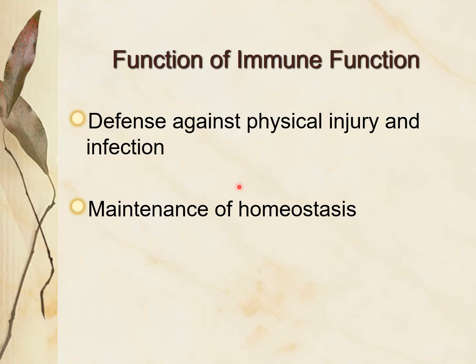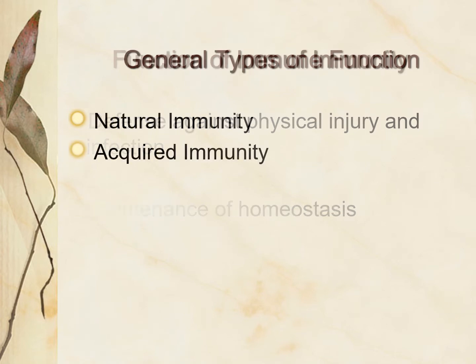So the basic function of the immune system is to defend our body against physical injury and infection, and also to remove foreign body antigens such as viruses and bacteria to maintain homeostasis.